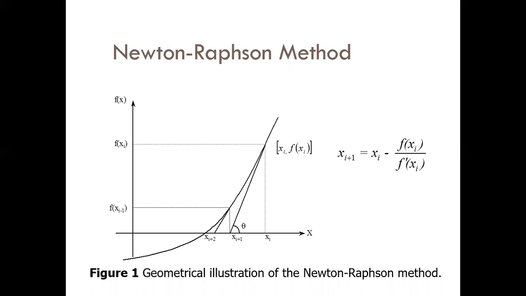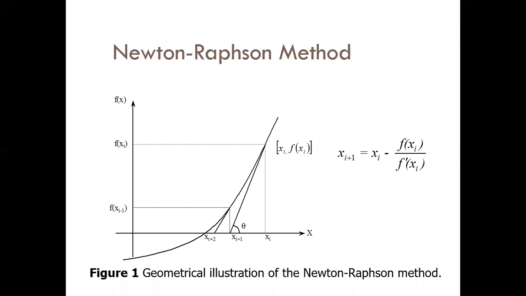Suppose one graph is given, and one initial point, xi, is the initial guess, and the function value at that initial guess, f of xi, is shown in the graph.